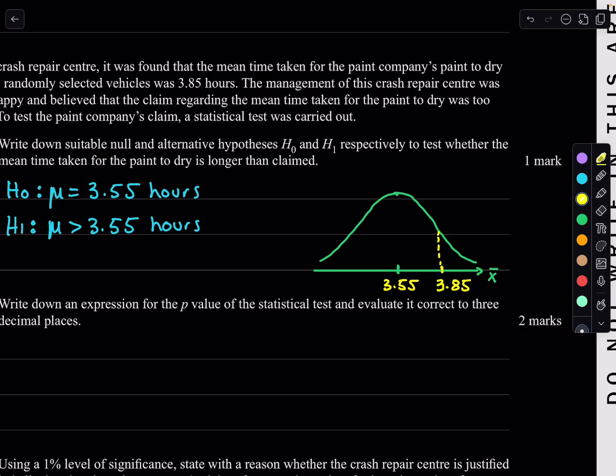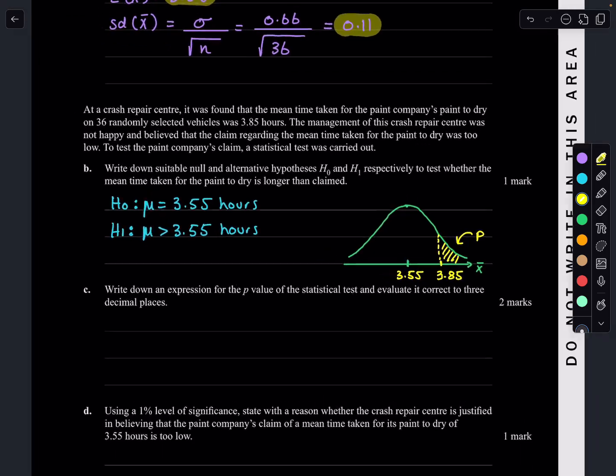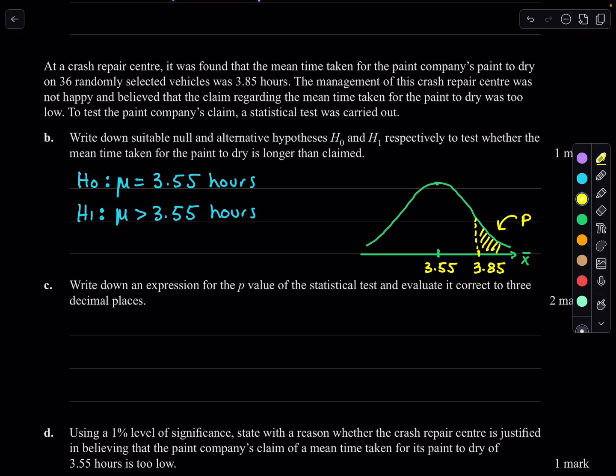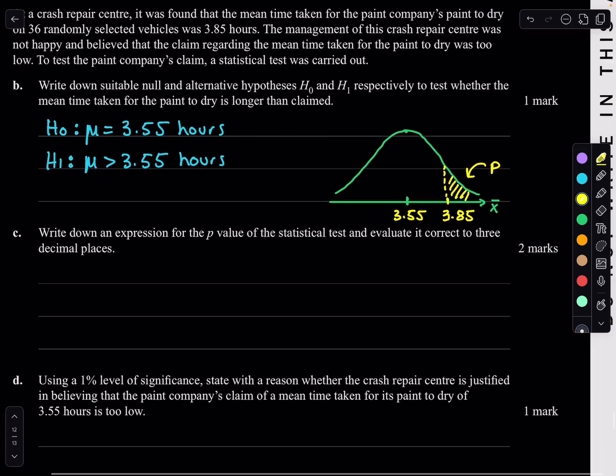We're trying to find the extreme value where we have a probability that it's actually greater than that 3.85, where this statement holds true. I hope that makes sense. It's really hard to explain this kind of concept, but this is what the p-value is.